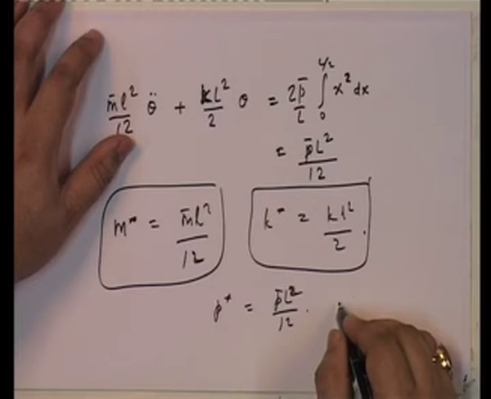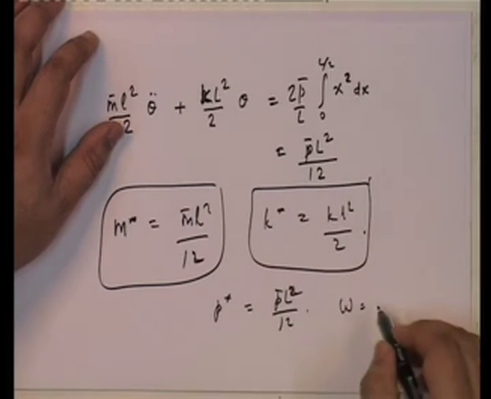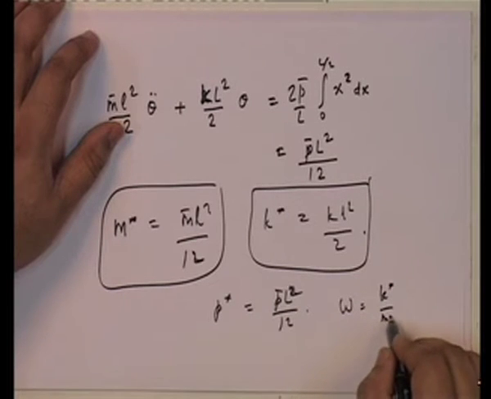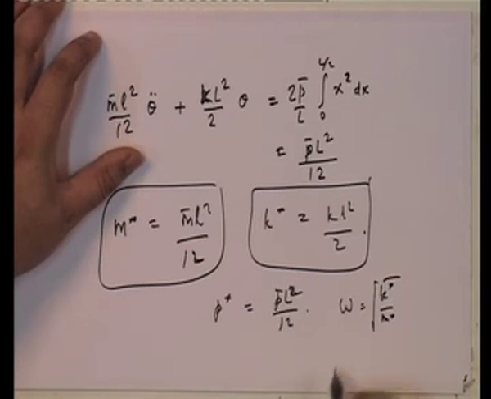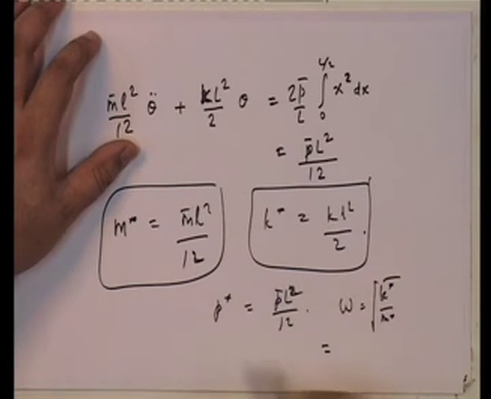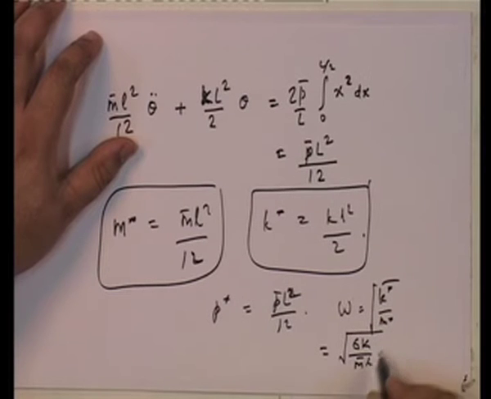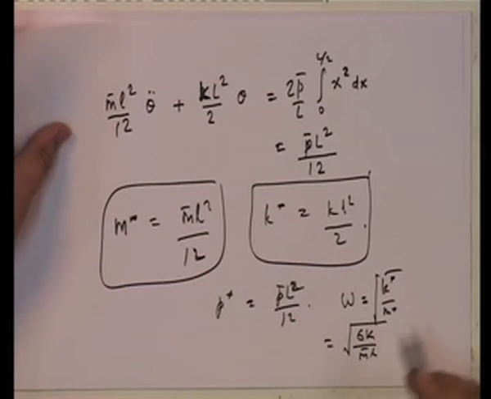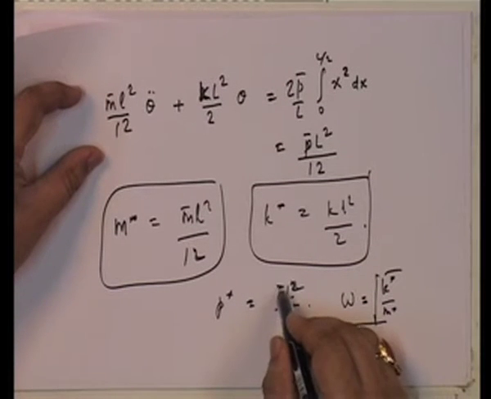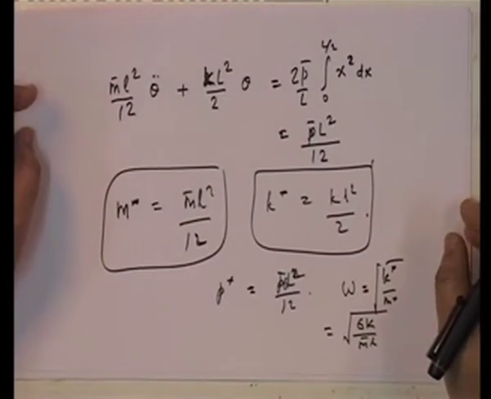Now, if you want to look at what omega is, it is equal to the square root of k star upon m star, and so this becomes k L squared upon 2. So, this becomes square root of 6 k upon m bar L. That is your omega. Okay. And note that understand that p bar is a function of t. So, it is not as if we do not have a function of t.